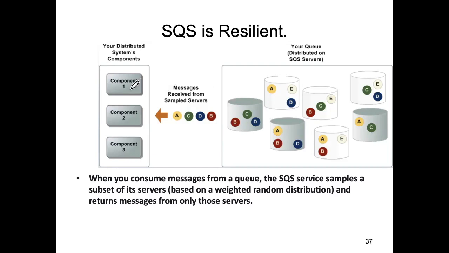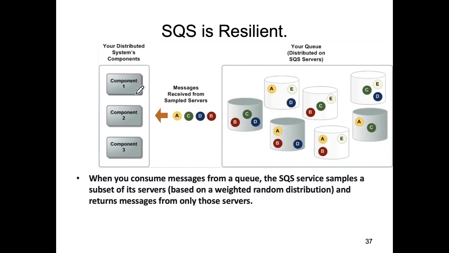So, we know the consumer is constantly polling SQS. So it polls it for some messages. SQS takes a subset of the servers and sees, are there any messages on that particular queue? And if there are, from the subset of servers that it has chosen, then it takes those messages and sends them to the consumer. The same consumer will come back for a second polling subsequently.